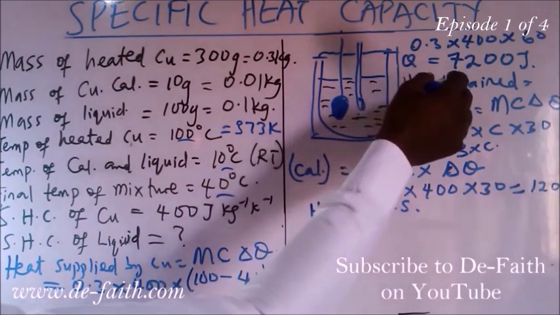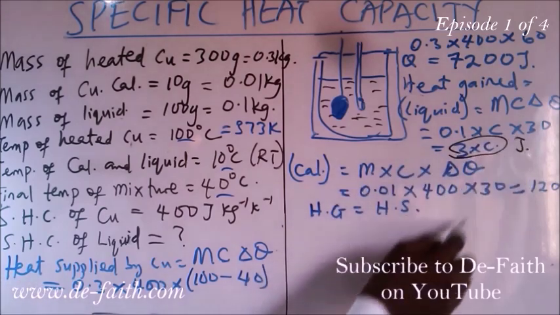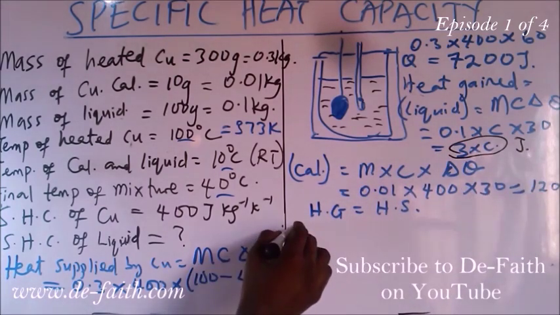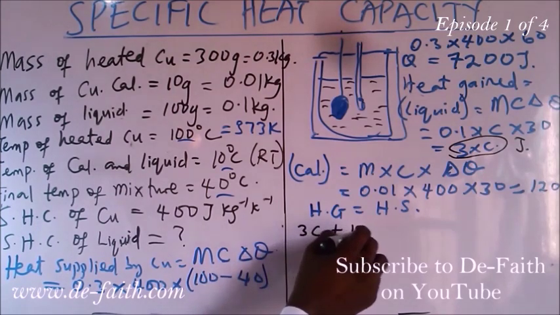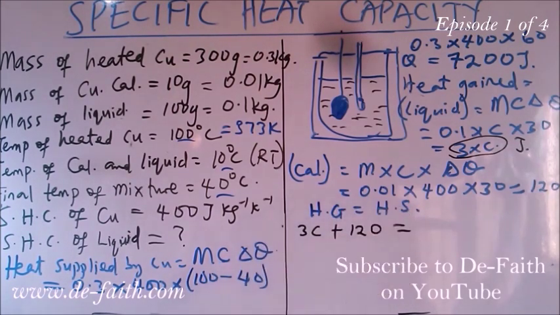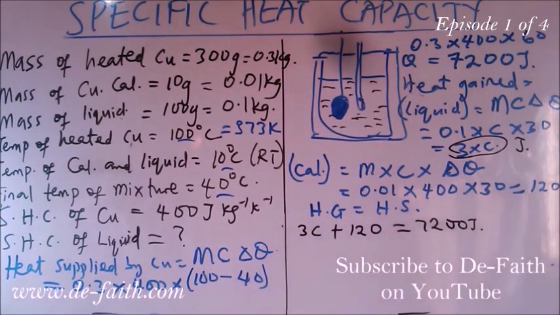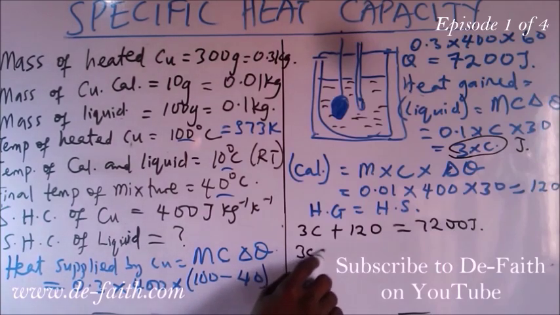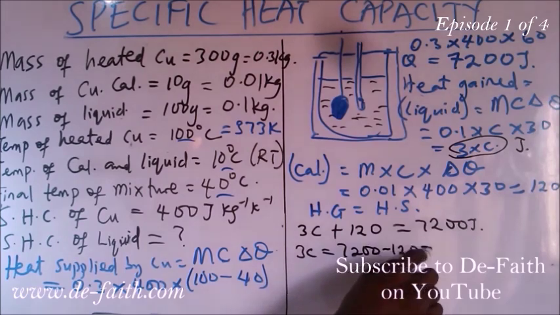The heat that is gained from here, we have all this. The unit of this is in joule, and we have this 3C plus 120 equal to the heat which was supplied. The heat supplied here is 7,200 joules. So making 3C the subject of formula, we have 7200 minus 120.